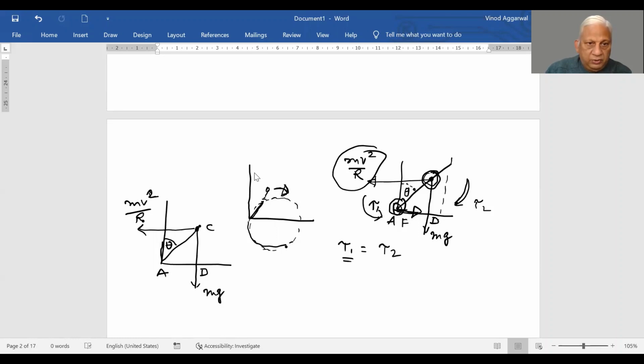Mind it, there will be a normal force by the road on this, perpendicular to it. Now, if we take moment across this point, this was frictional force. Friction force and normal force will not have any moment because they pass through the same point. Torque because of this force will be mv squared by r into its shortest distance from the point of rotation, which is CD.